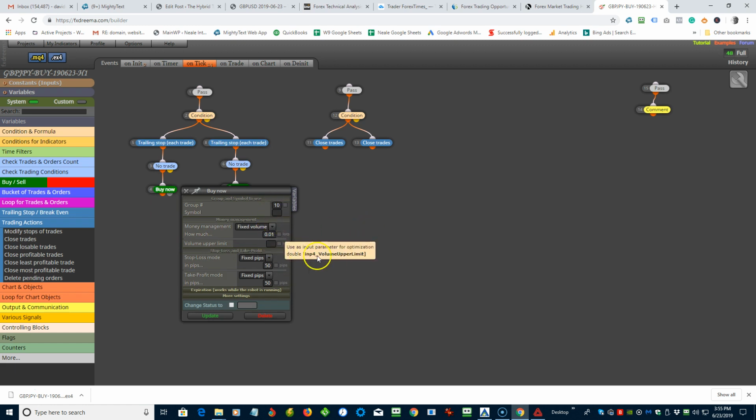And then the buy now again has to have the group number. I'm only buying 0.01. I do set fixed pips for take profit and stop loss, just in case my code fails or something happens like that. I call it kind of like an emergency setting.